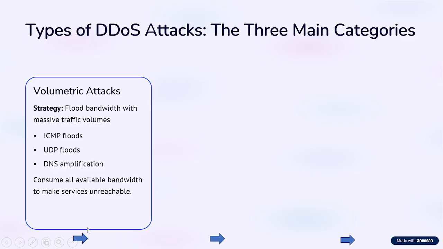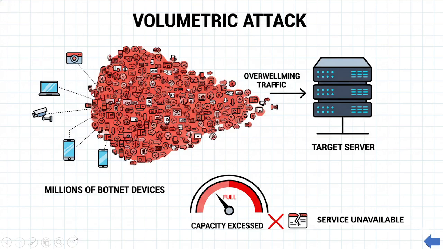Now let's see pictorially how this attack looks. So here is the picture. This image perfectly illustrates a volumetric attack. On the left, you see millions of botnet devices, compromised computers, phones, and even IoT devices like cameras.